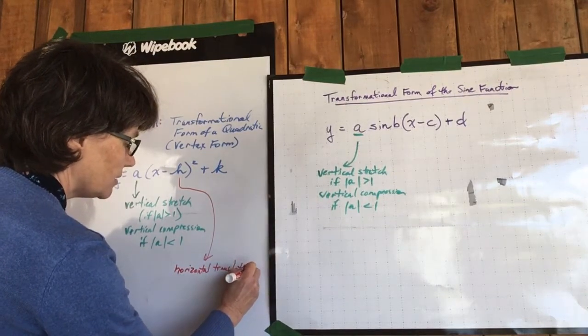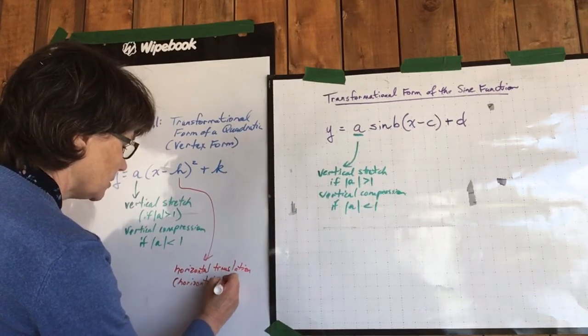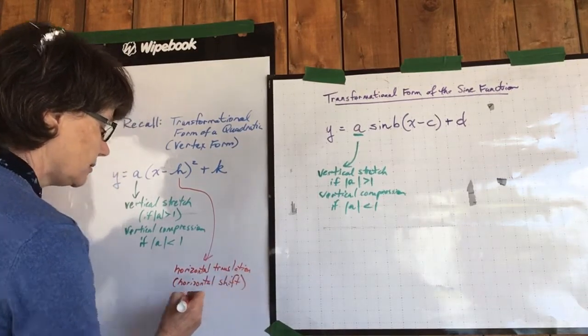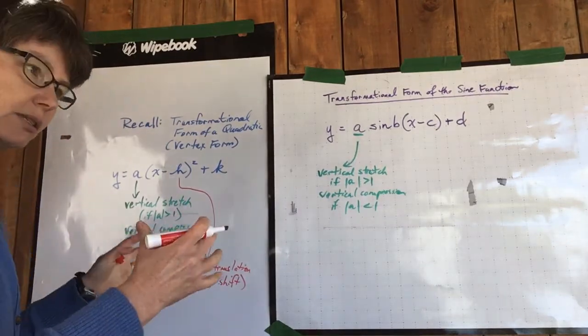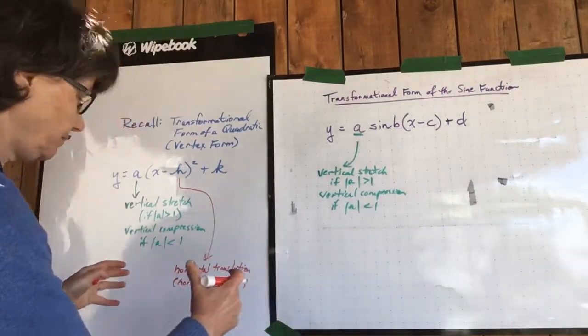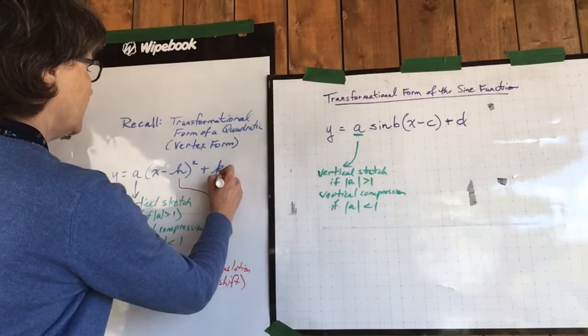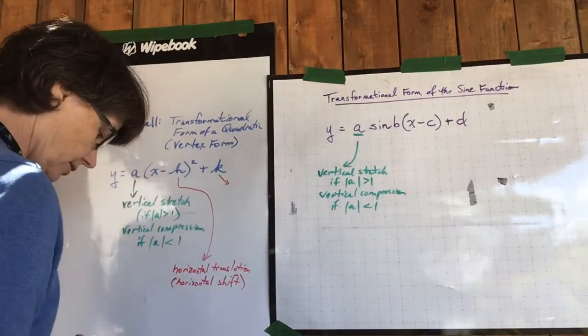You can also call this the horizontal shift. You'll see some textbooks and some people use that. It's translation or shift, which means just moving everything horizontally, right or left. Okay. Horizontal translation. And k is the vertical translation.